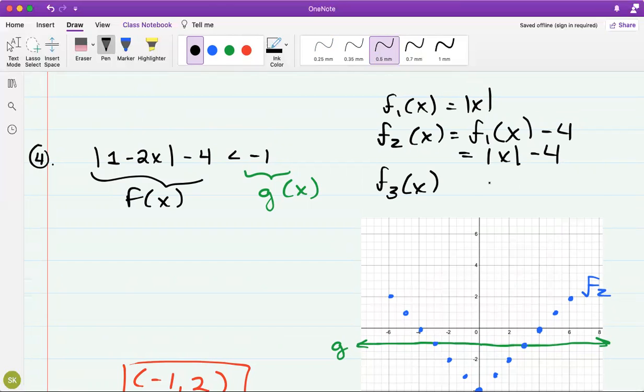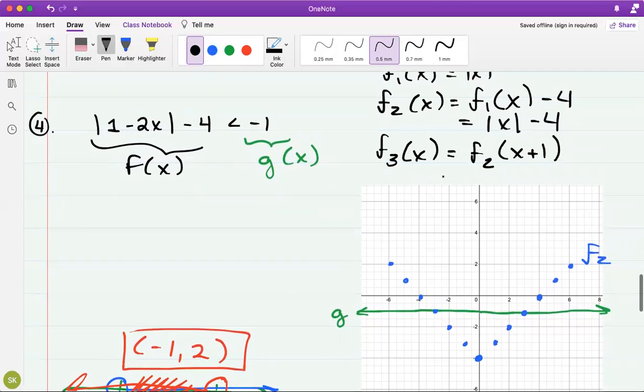I think the first thing I'm going to do is put x plus 1 in. So I'm going to take f2 and plug in x plus 1. If you're not sure why I did that, you'll see in a minute. So this is going to be the absolute value of x plus 1 minus 4.